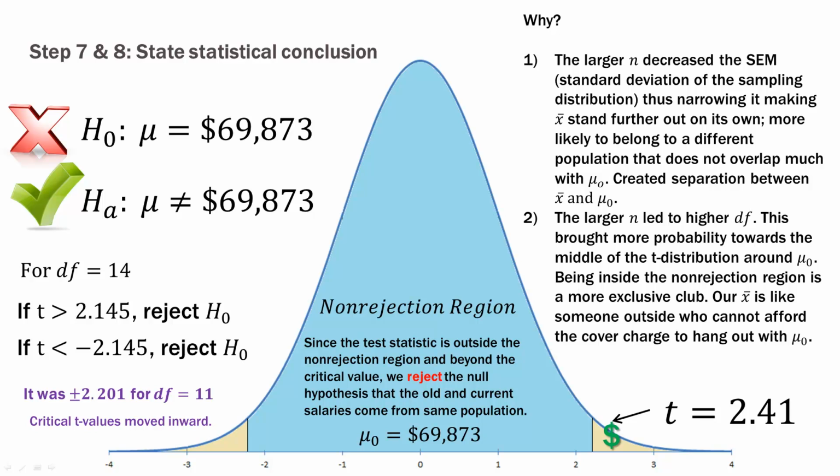Also, the larger sample size led to a higher degrees of freedom. So that brought more probability in towards the middle as well. So two things going on there. And therefore, our sample mean is the same sample mean, but this time it was left outside of the non-rejection region. And all we did there was change the sample size from 12 to 15.